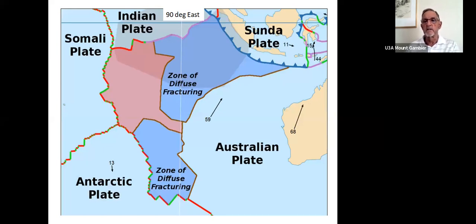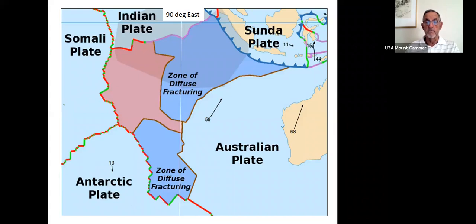And just one little arrow to the north there, visible on the margin of the diagram, right up in the top corner, showing the westward movement of the Caroline, or perhaps it's the Philippine Sea plate there. So we can see roughly where the 90-degree east line comes down and has no bearing on these new plates that seem to be fracturing in the central Indian Ocean.